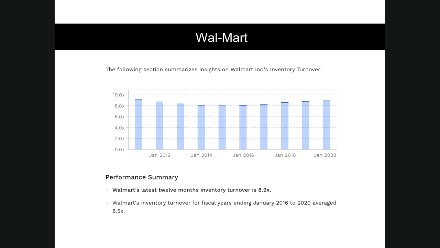In other words, every item in the store, just for a picture in your mind, is sold 8 times. They order it, they sell it, they order it, they sell it 8 times during the year. So if we're Target, and we know that's Walmart's inventory turnover ratio, then all of a sudden now 2 doesn't look so good, right? So if Walmart is 8, maybe Target wants to be 100.